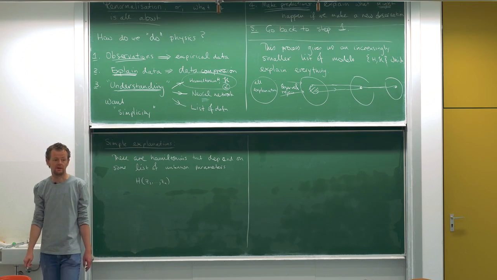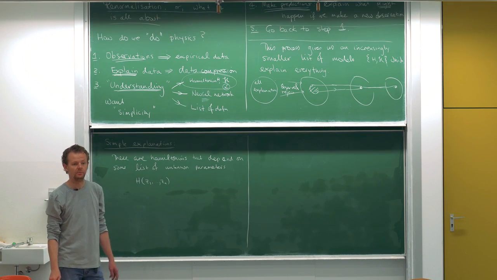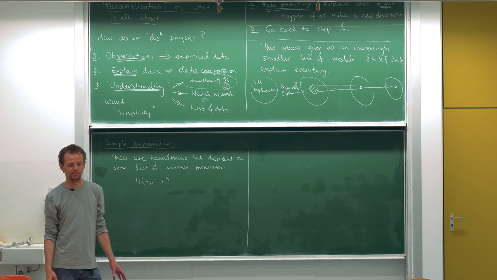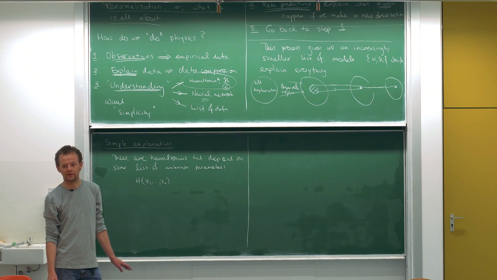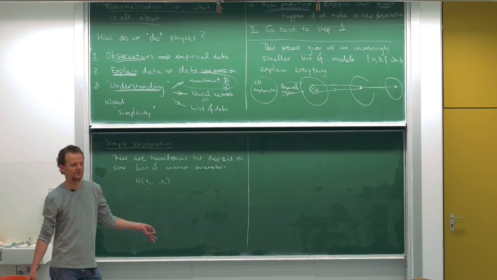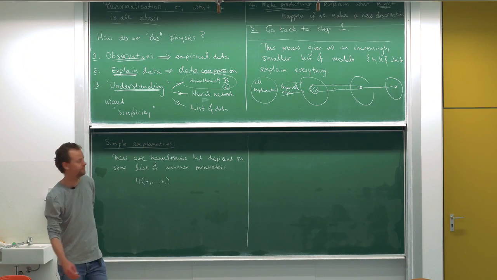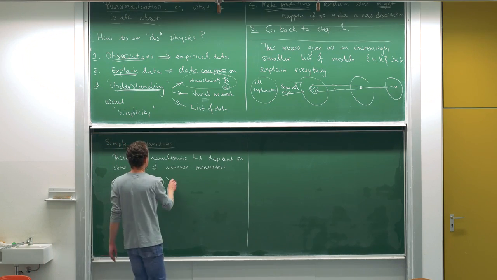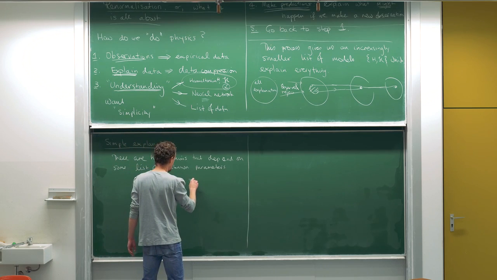And we even want that to be a finite list, right? We wouldn't consider it a simple explanation if we came up with a Hamiltonian that depended on an infinite number of unknown parameters, because you'd still need to do an infinite number of experiments, just on a counting basis, before you could determine them all. So here these are the parameters, Z, J.